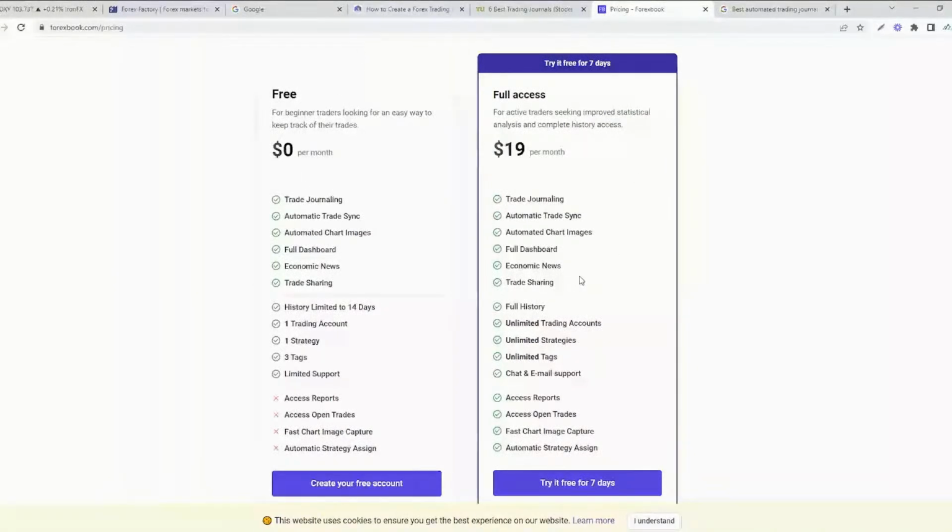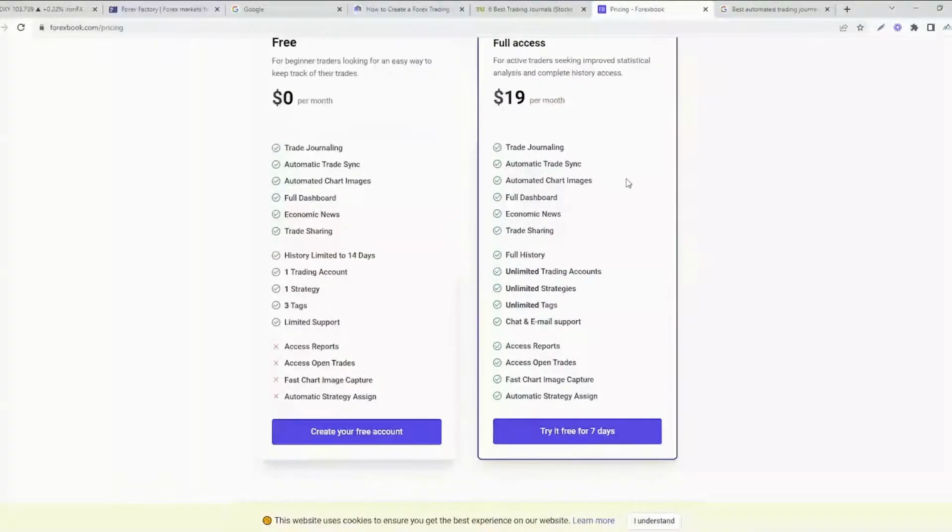But the paid full access version is about 19 US dollars per month. It's relatively affordable, I suppose. And of course, you can always try it out for free for 7 days first. And if you're not happy with it, you can try something else.